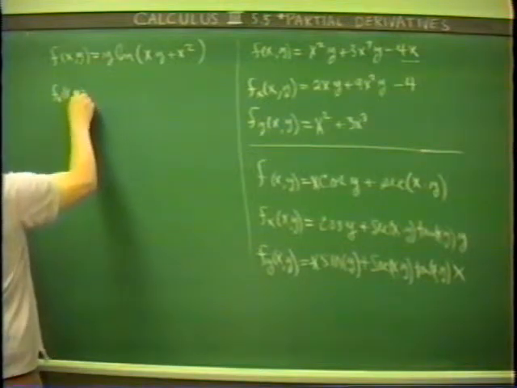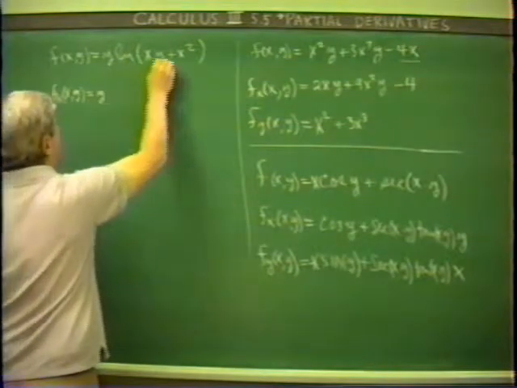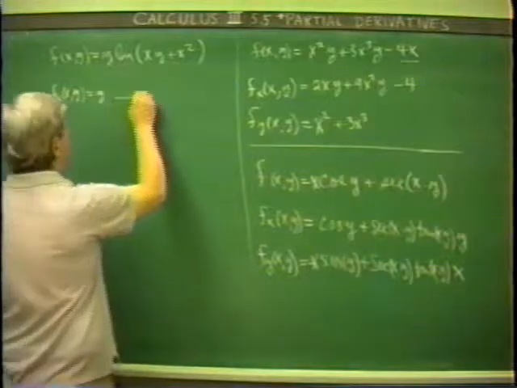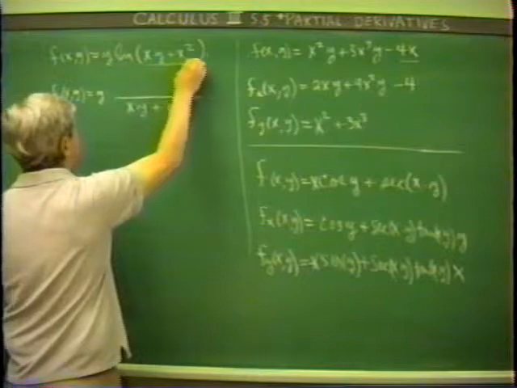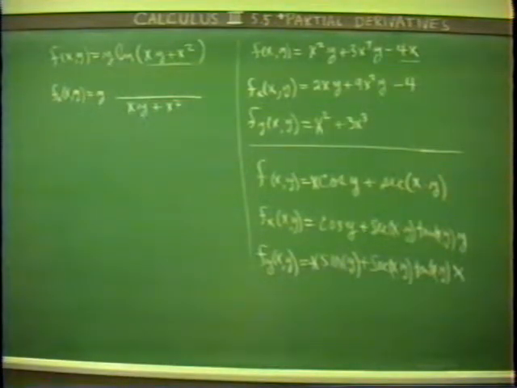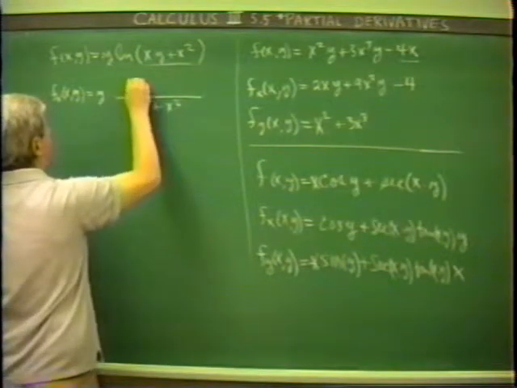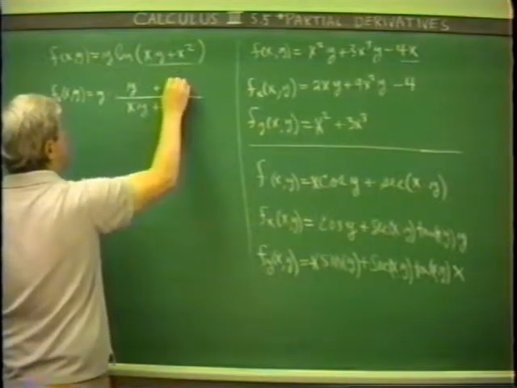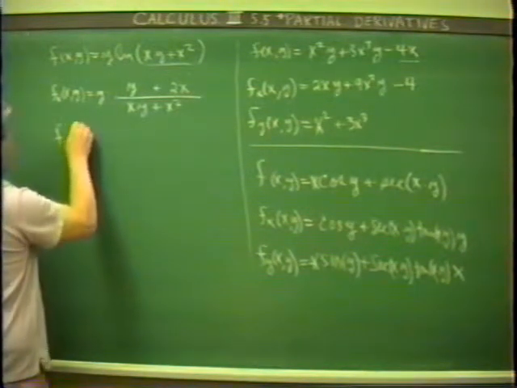The partial with respect to x: we treat y as a constant here, so this is equal to y times the derivative of this with respect to x, which is going to be 1 over xy plus x squared times the derivative of xy plus x squared with respect to x. For x times y, the partial derivative is going to be y. For x squared, differentiating with respect to x, we're going to get 2x. So there's the partial derivative of this with respect to x.